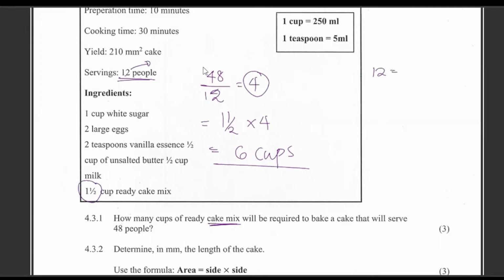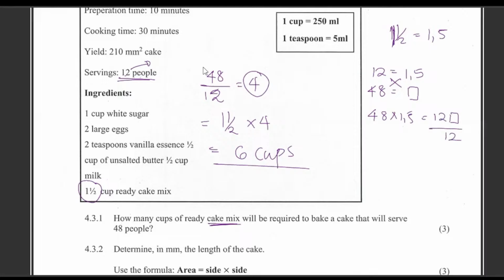6 cups. Another way of doing this, you would have said, if 12 need 1.5, then 12 gives you 1.5. What about 48? What will it give you? Cross multiply. The reason why we do this is to avoid confusion. So 48 times 1.5 equals 12 times the box.